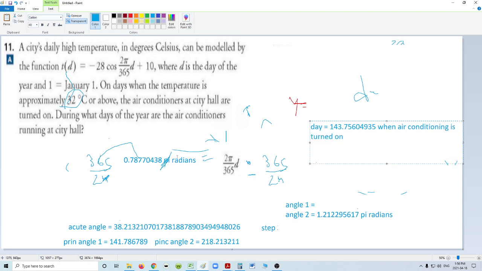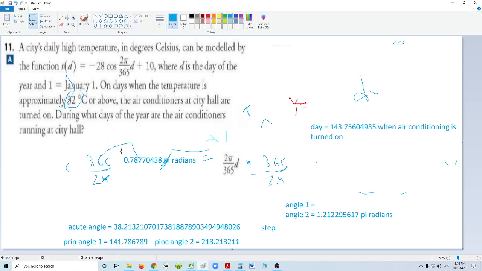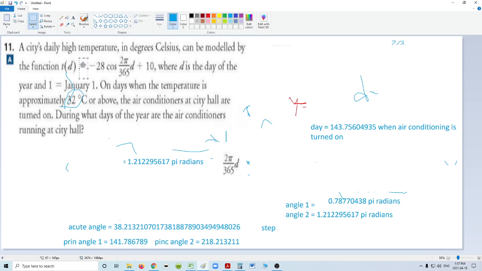And the second one we get is the same process. You now make, and I'll just bring this back so that I still have a sample, you now make this one equal to this on the right. Because now we're just working with the angle inside. We're trying to take this angle and convert it to the days. So the same thing, you multiply by 365 over 2 pi to get rid of this multiplier.